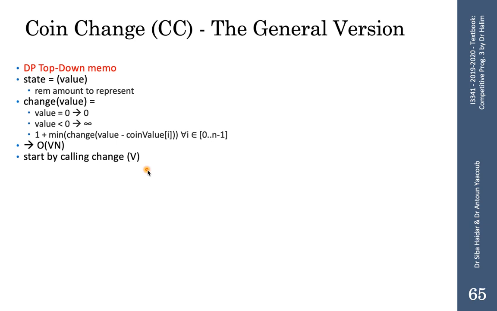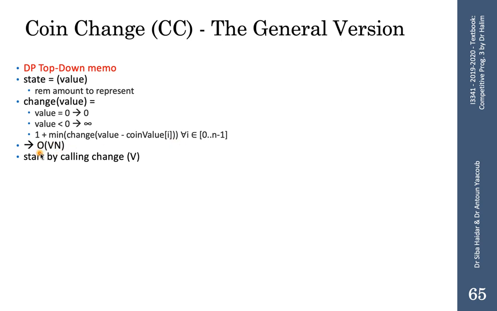We will see a detailed example, and we will now say what the number of states is. The number of states is the number of possible values, so this is V. And the complexity of calculating each state is n, since there is a loop over every i from 0 to n, so we multiply by n.